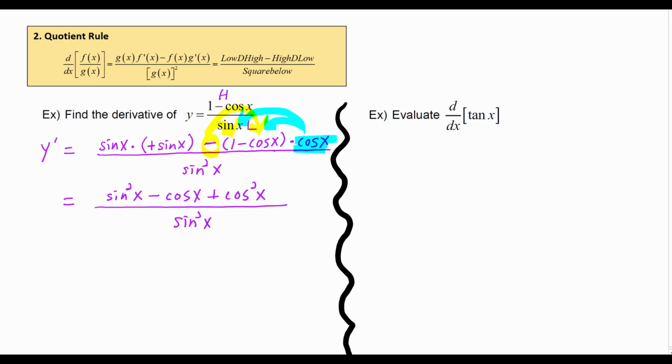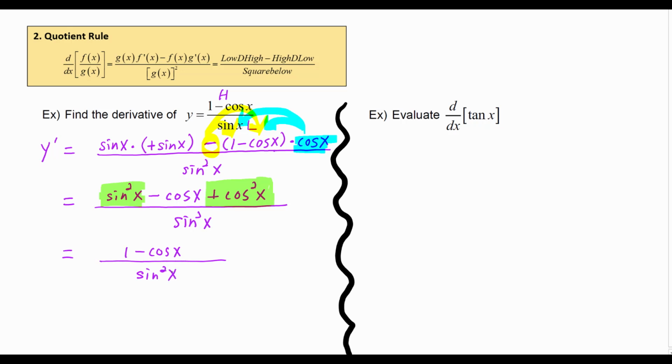Can I simplify anything here? I see sine squared x plus cosine squared x. What is sine squared x plus cosine squared x always equal to, everybody? Yes, that will be 1. So you're gonna get 1 minus cosine x over sine squared x.